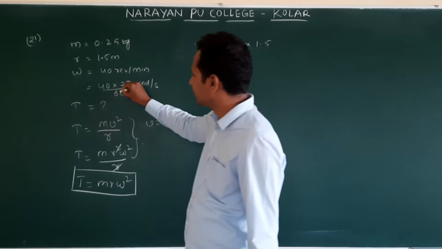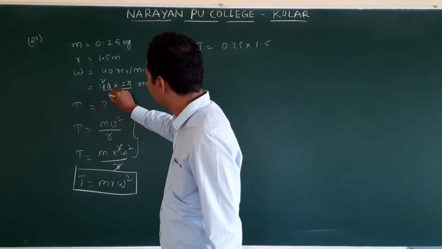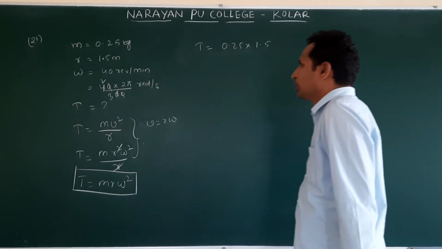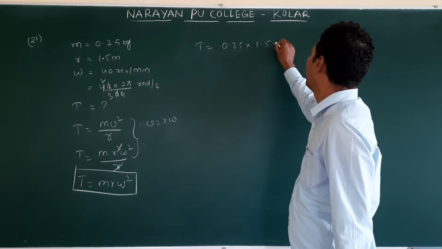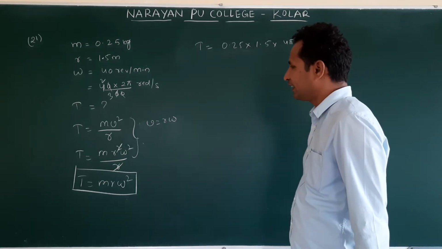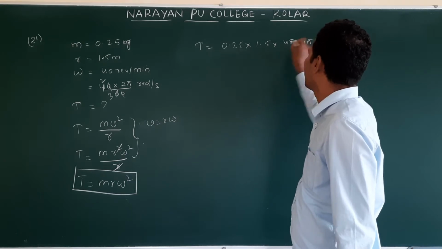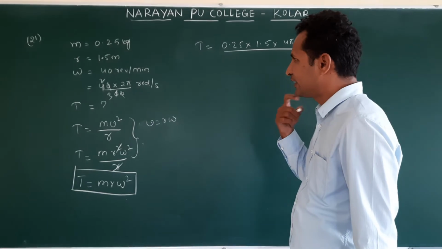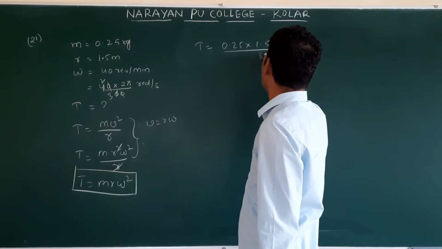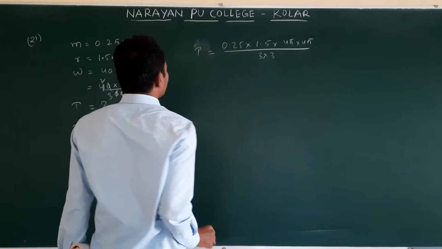If you cancel the zeros, 2, 3. So this is 4 pi by 3, into 4 pi square is there. Clear? So into 4 pi by, what is the 3 square? 3 into 3.